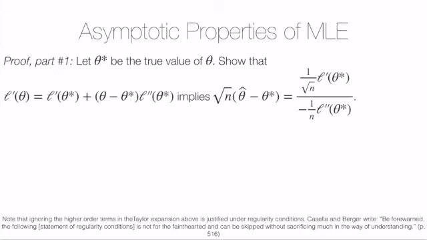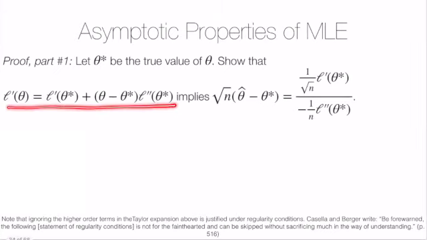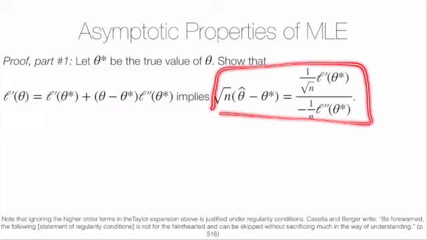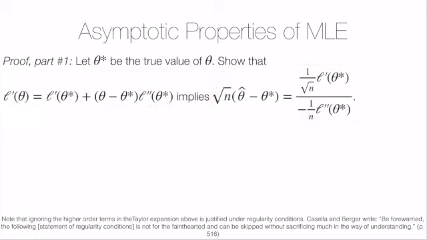The first step is really just to start out with this equation and show this one. The important thing to note here is that if we take the log likelihood function, so this script L notation is the log likelihood function, and we take the derivative of that and plug in the MLE, this should be equal to 0.